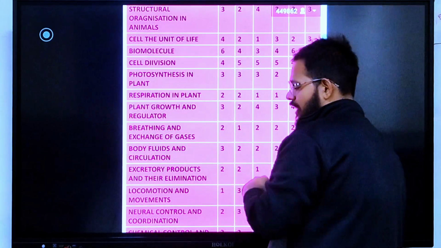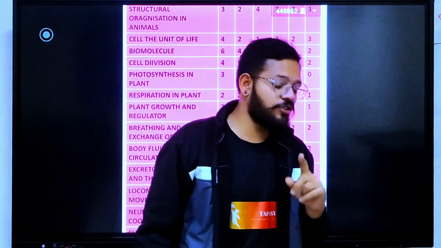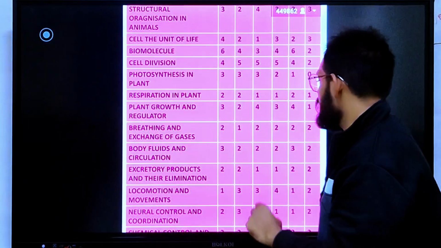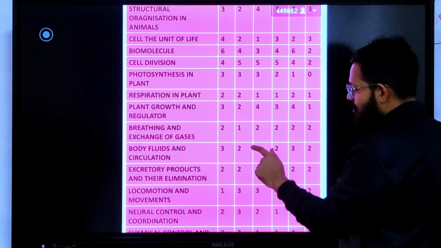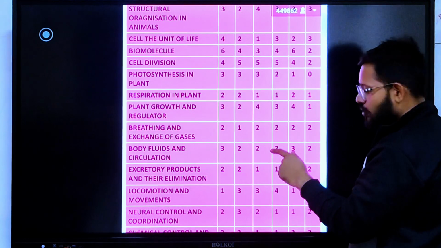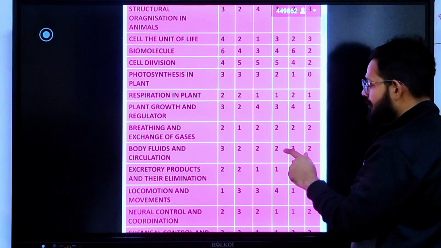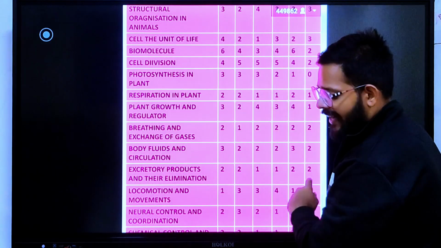Then body fluids and circulation. That is the first most important chapter of human physiology. Last year 3 questions are there. Then in 2023 you have 2 questions. In 2022 you have 2 questions. In 2021 you have 2 questions. In 2020 you have 3, and in 2019 you have 2.